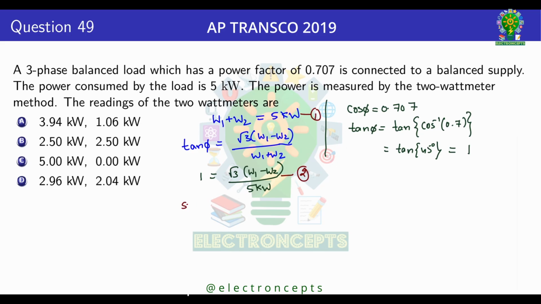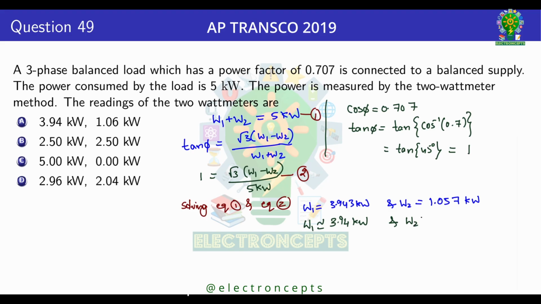Now solving equations 1 and 2, we get W1 is equal to 3.943 kilowatt and W2 is equal to 1.057 kilowatt, which is approximately W1 equal to 3.94 kilowatt and approximately W2 equal to 1.06 kilowatt. Therefore, option A is correct.